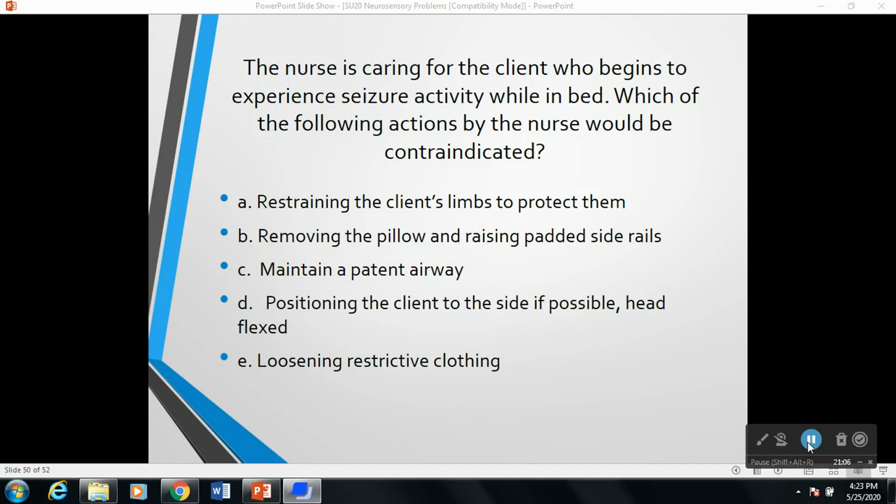The answer is A. You would not restrain the patient in any way, even just to try to protect them. You might want to move some stuff out of the way, but you cannot restrain a patient because then you can cause more harm.